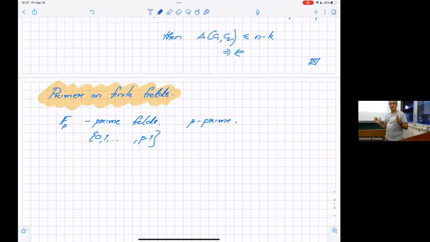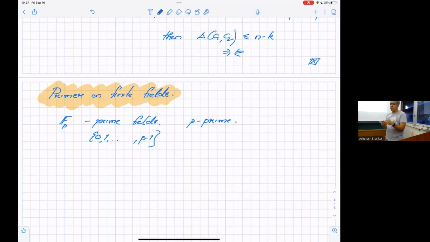Okay, what's a field? A field has two operations in it. One is the addition operation. Under the addition operation, it should be a group. It should have commutativity, it should have an identity, it should have inverses. Similarly, under the operation multiplication, it should be commutative. The non-zero elements will form a group under multiplication.